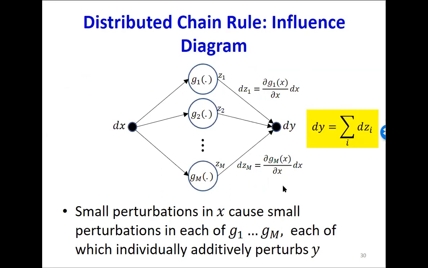Questions? Someone on the chat is asking, here we assume that the coefficient for each edge is 1, right? The coefficients, we are only speaking of influence. There are no weights. I'm saying x influences z, z affects y. So which variable affects which variable?